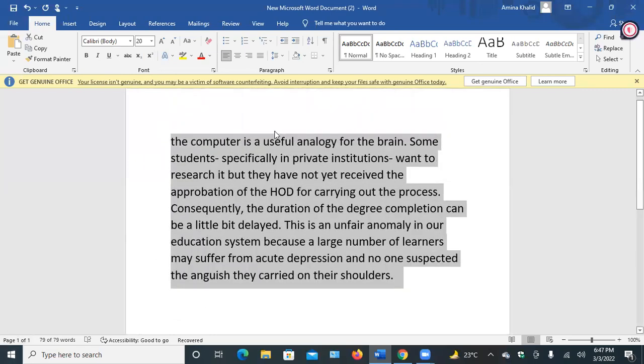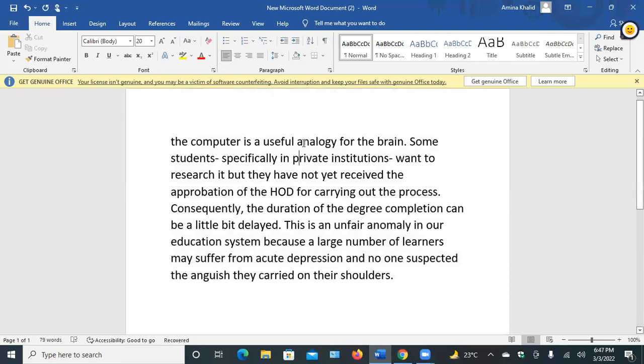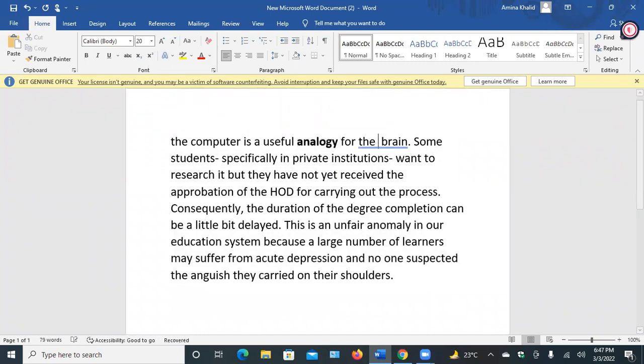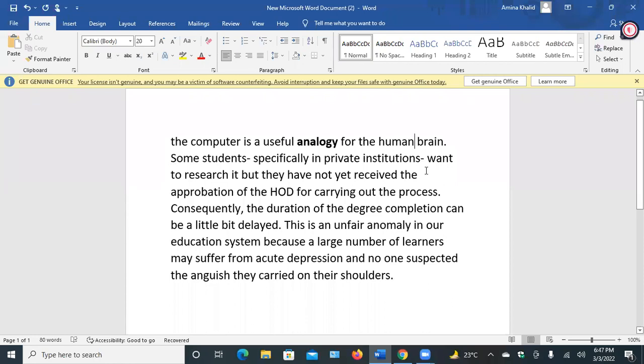The computer is a useful analogy. It means resemblance, similarity, likeness for the brain, or you can say the human brain. Some students, specifically in private institutions, want to research whether an analogy between a human brain and a computer exists or not.